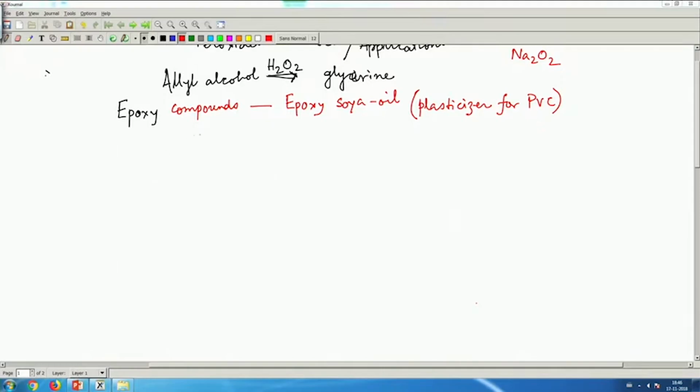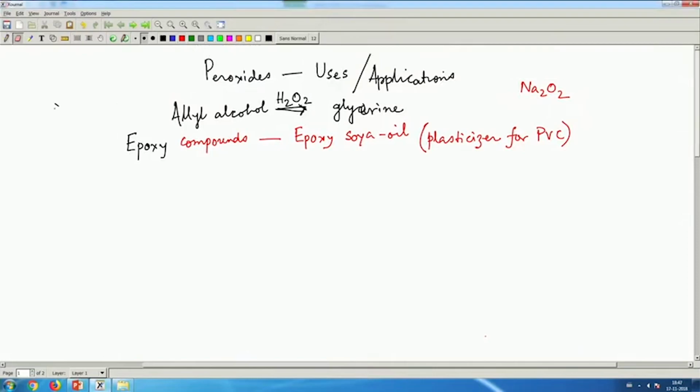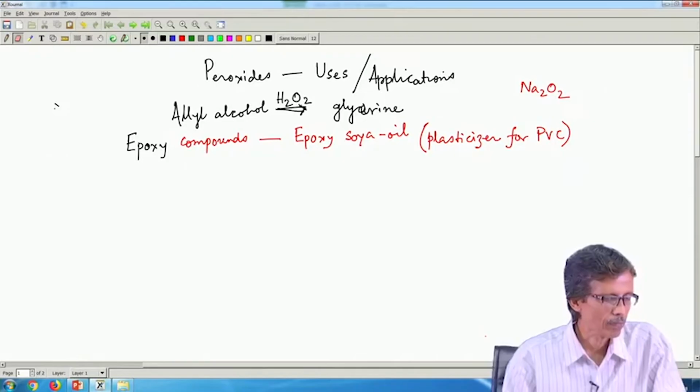Whether we use H2O2 or Na2O2, we get the epoxidation of soya oil for making a plasticizer.